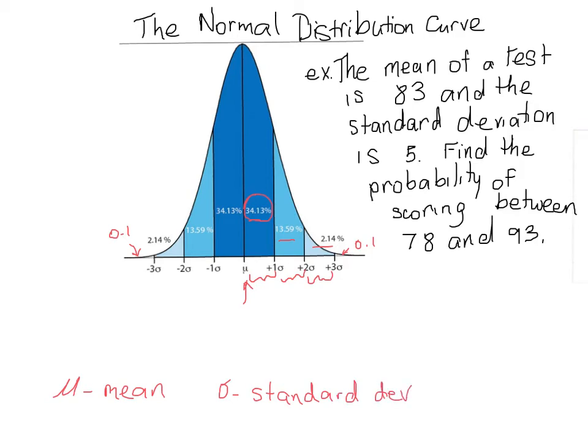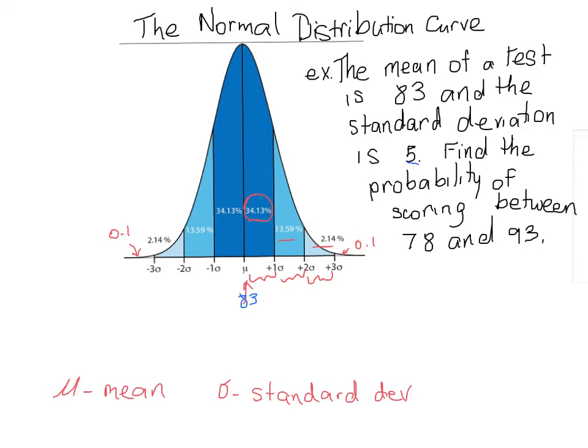In our graph, our mean is 83, so the 83 will be labeled in the center. Now, every time we add a standard deviation, we're going to add 5 in this example.